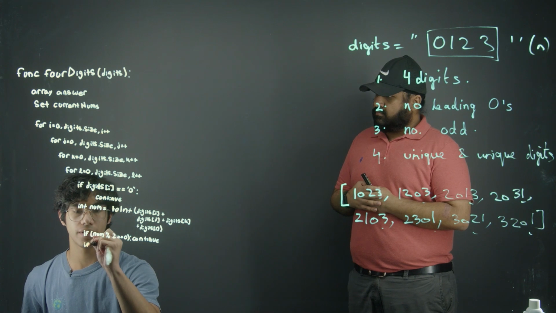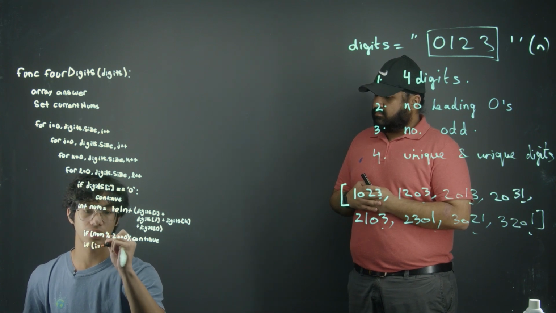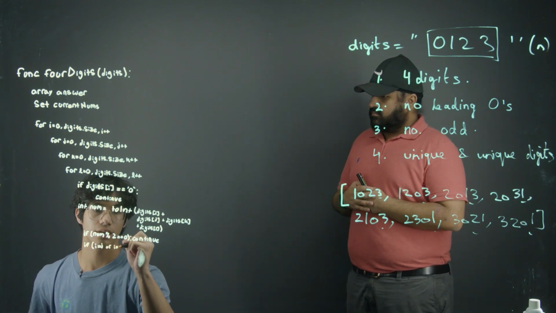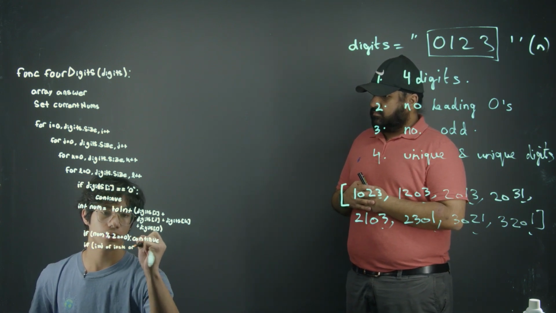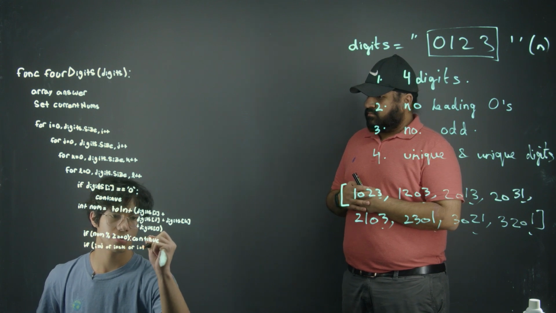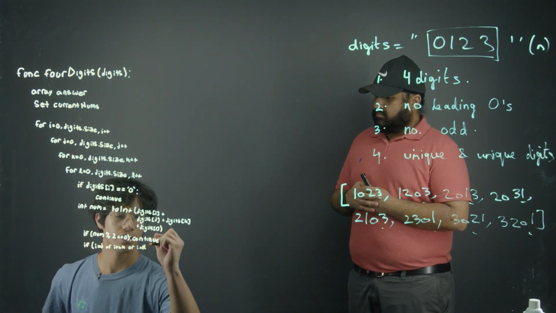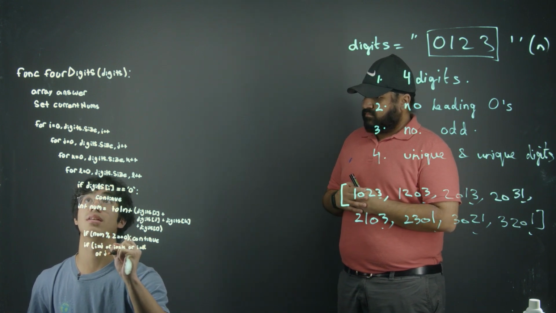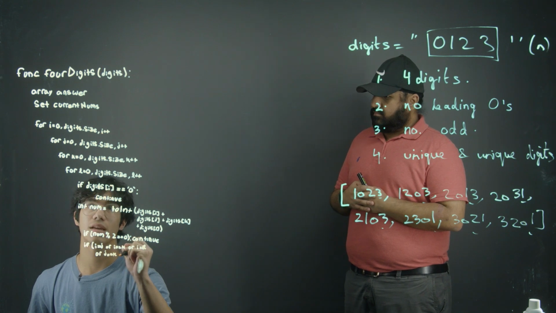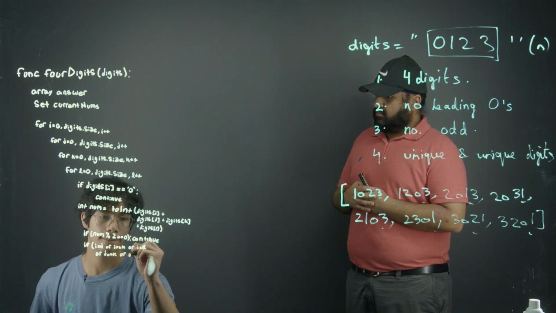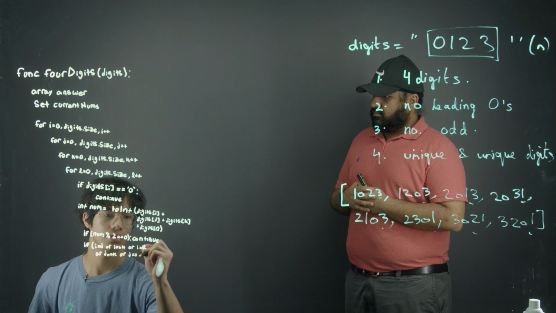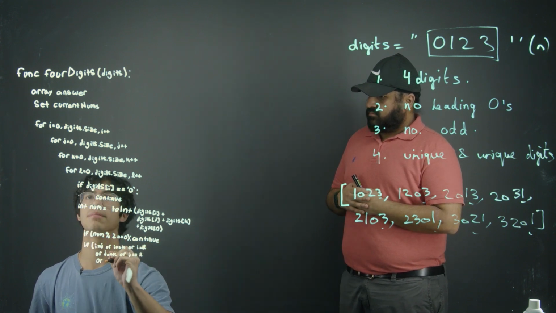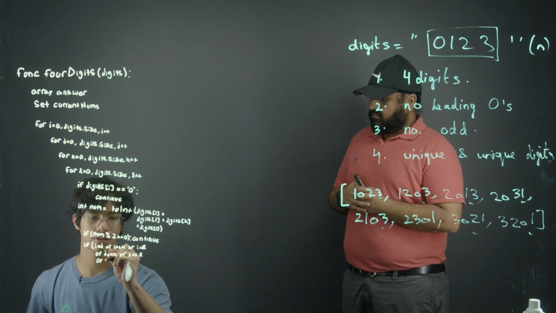So if i is equal to j, or i equal to k, or i equal to l, and then the same for the next, or j is equal to k, or j is equal to l, and then the last index, or k is equal to l.